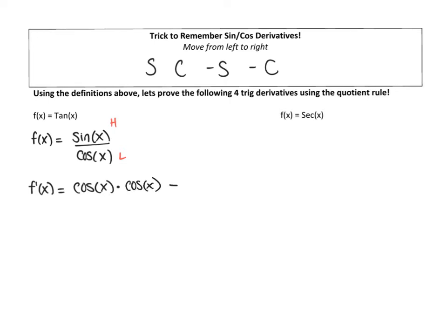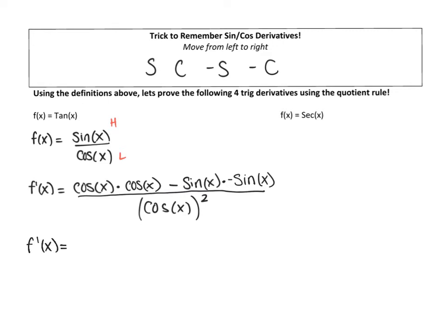minus high, which is sine x, and then d low. So the derivative of cos is negative sine. So times negative sine of x, all over low squared. So cosine of x, this whole thing squared. So if we simplify this, cosine times cosine is nothing other than cosine squared.